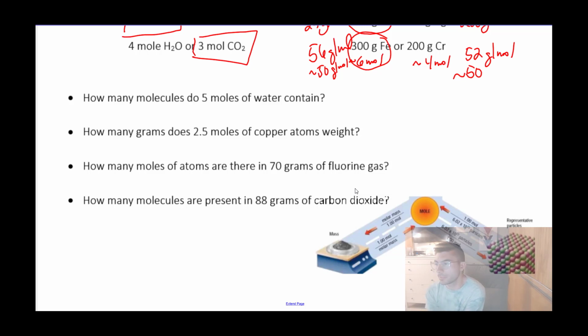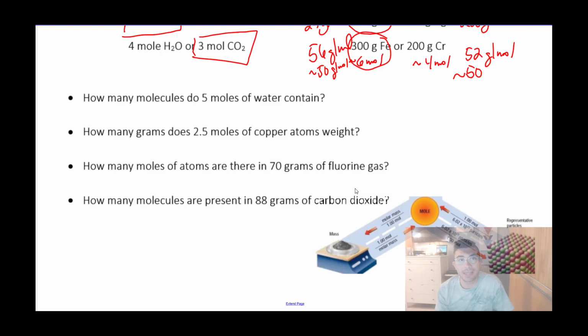So we're going to work through a couple of examples here. Remember that we have two conversion factors that will help us here. We have molar mass, units of grams per mole. So molar mass for a specific substance we can calculate using the periodic table. That will help me convert between grams and moles. We also have Avogadro's number, the 6.02 times 10 to the 23rd.